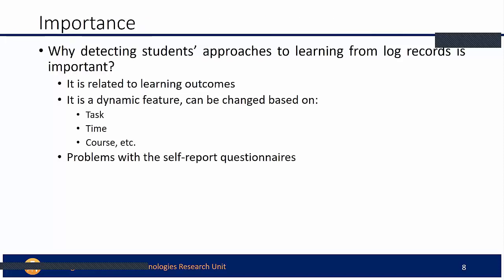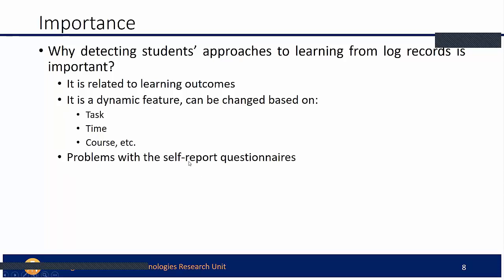So why is detecting students' approaches to learning from log records important? Because, as I mentioned before, it is related to learning outcomes. The other thing is that it is a dynamic feature. It can change from time to time, from task to task, or from one course to another. So you cannot measure this by using a questionnaire.